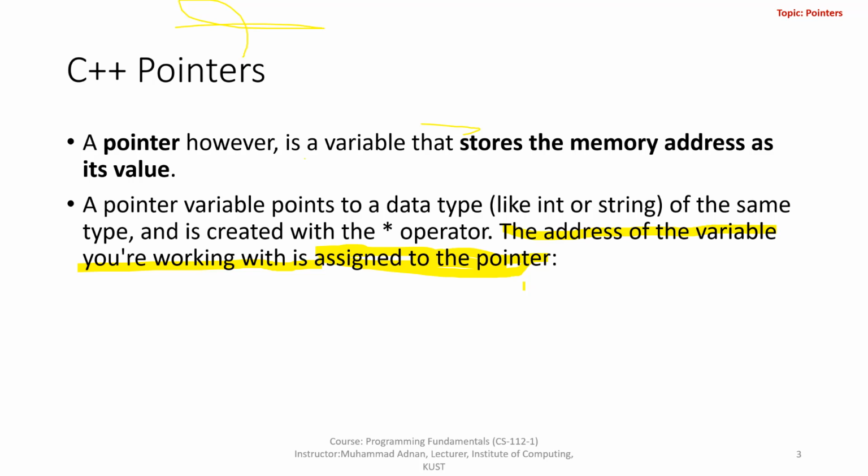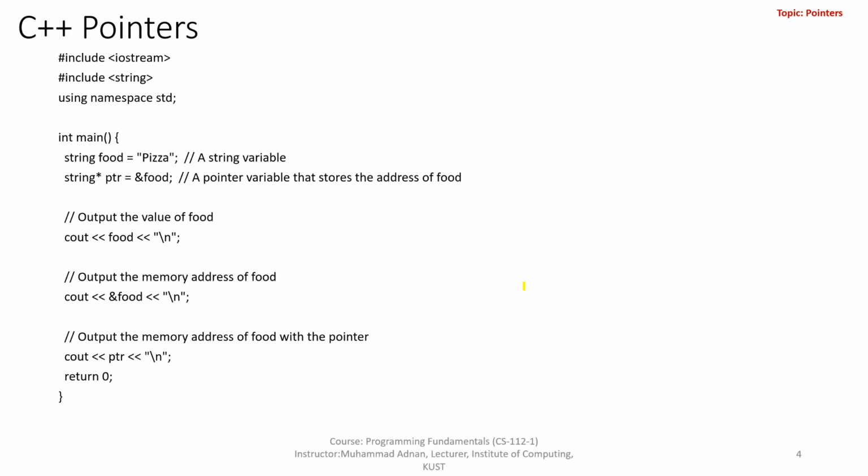Let us see this by running a practical example. We have the header file iostream for getting data and displaying data to the input and output devices. Then we have a string header file, which we include in order to work with strings. First we have a string variable called food.